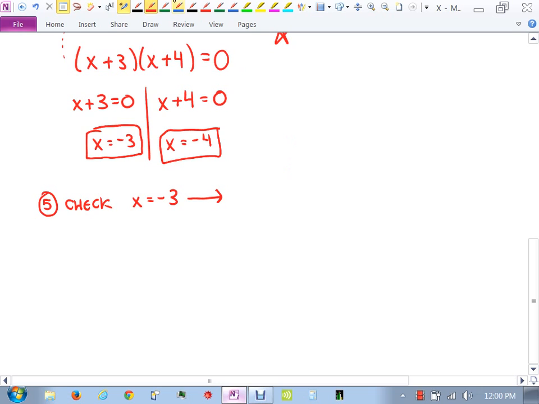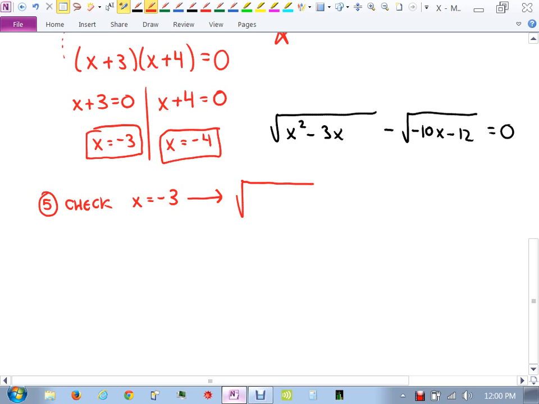Now I'm going to write the original problem up here just so we have it on screen. It was x squared minus 3x minus the square root of -10x minus 12 equals 0. That was the original problem. I now need to check it by replacing all my x's with what? -3.